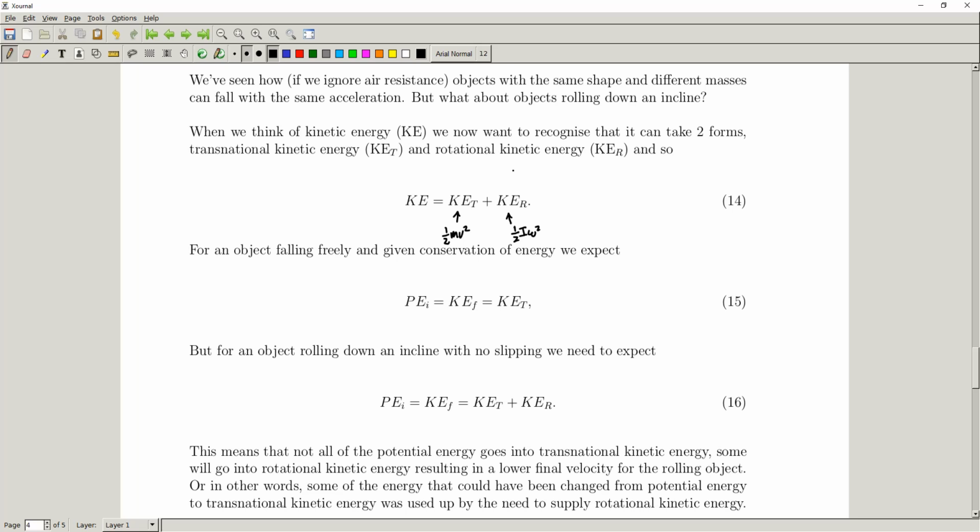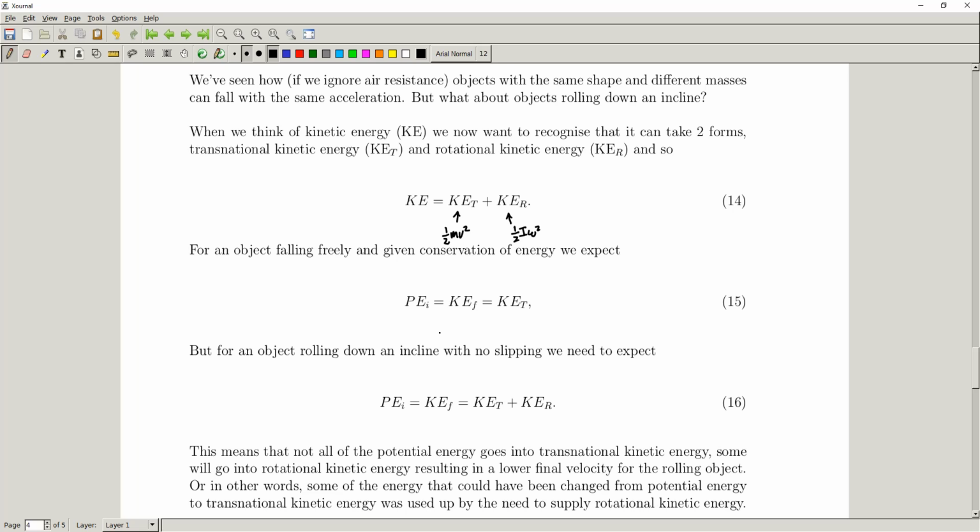So for a free-falling object that's not rotating, we would expect that all of the initial potential energy would eventually be turned into kinetic energy as the object falls and loses that potential energy, right? So the final kinetic energy will be equal to the initial potential energy if no energy is lost from the system, right?